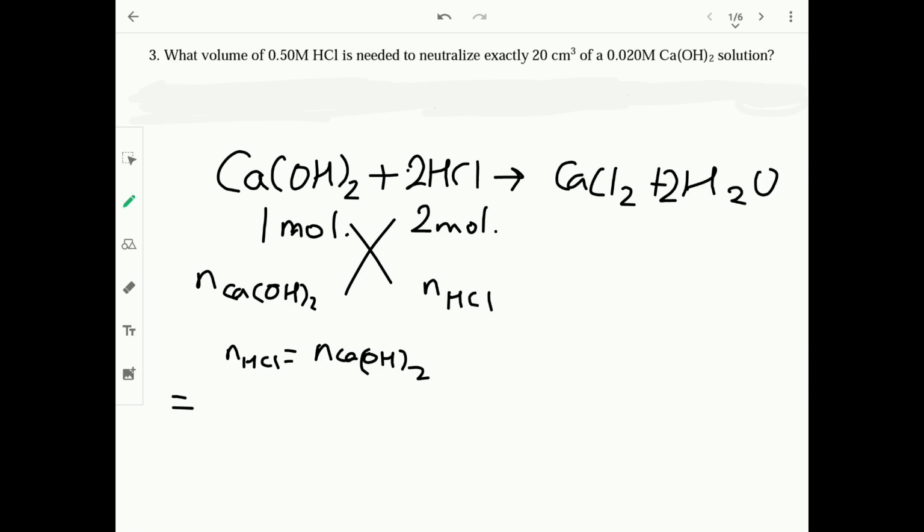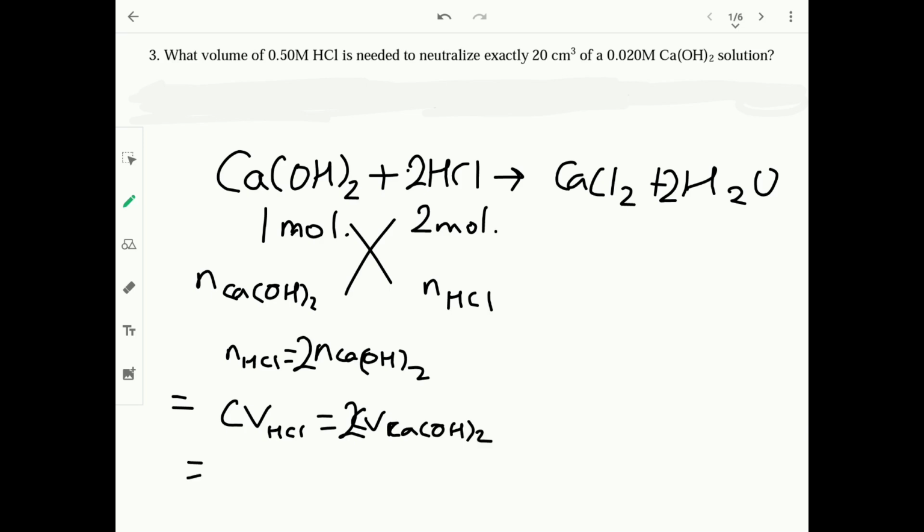So now we finally get into substituting. n is equal to CV, so CV of HCl is equal to 2CV of, let me just put the 2, I forgot the 2 here, of Ca(OH)2.